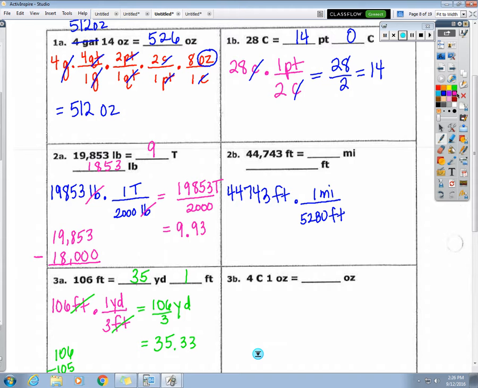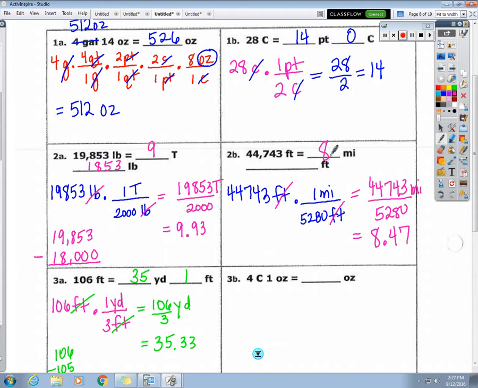So we can cancel out this with this, and so your numerator is just 44,743, and that's in miles. Your denominator is 5,280. When you divide that, what do you get? Okay, so nearly 8.5 miles, right? But for sure 8 full miles.